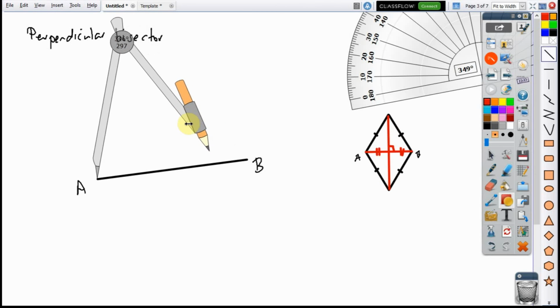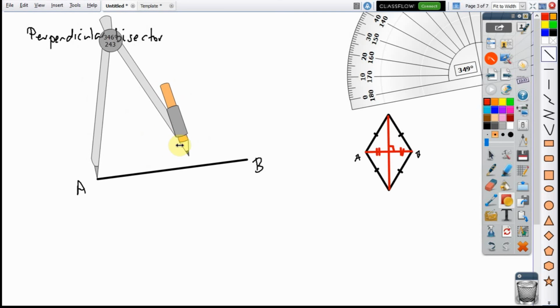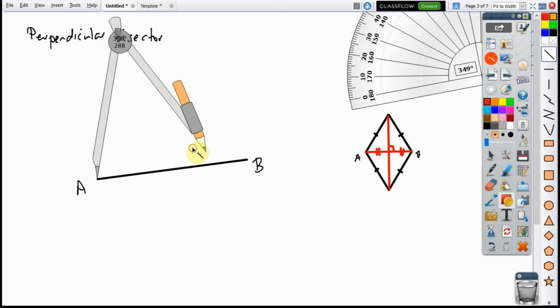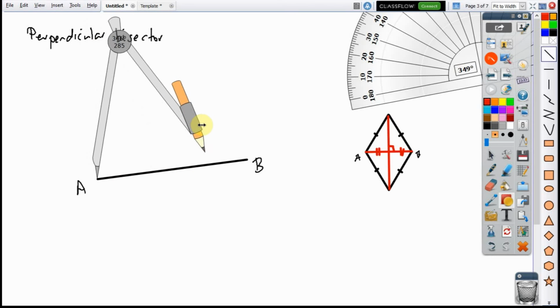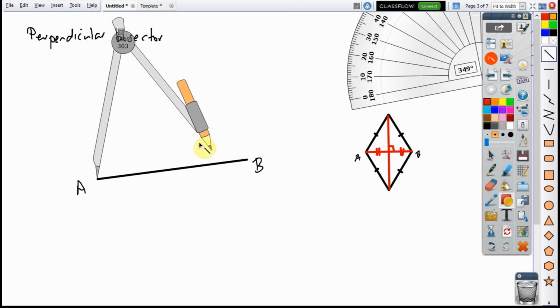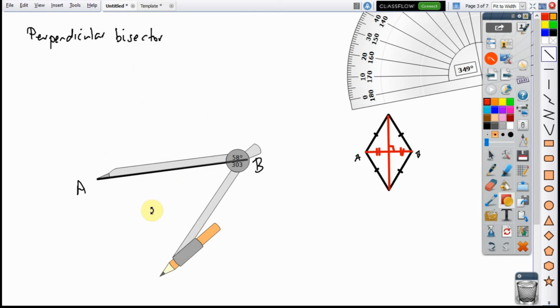Now you're best to set this distance to about 2/3 or 3/4 of the length of AB. We're going to want to draw an arc up here and another arc here. Those arcs will not meet if we use a really tight circle, a really tight arc. But we don't want the arcs dropping off the page either. We don't want to make them too big. So about 2/3 or 3/4 of the length of AB is appropriate.